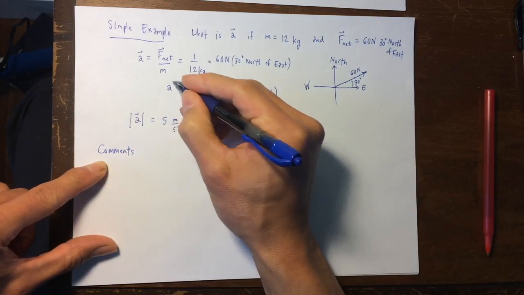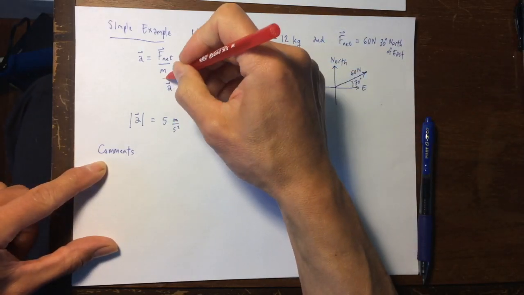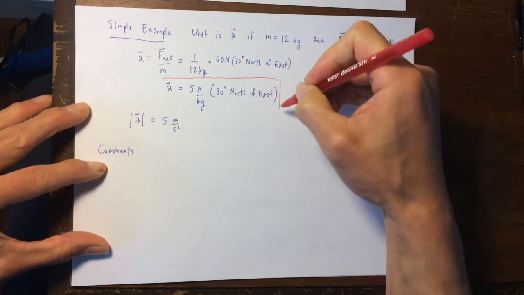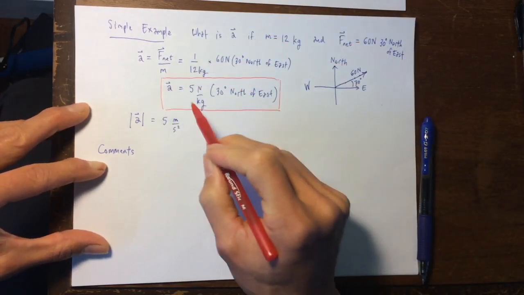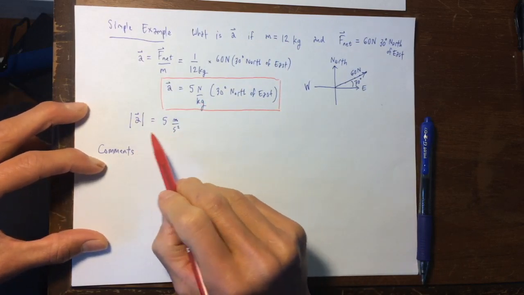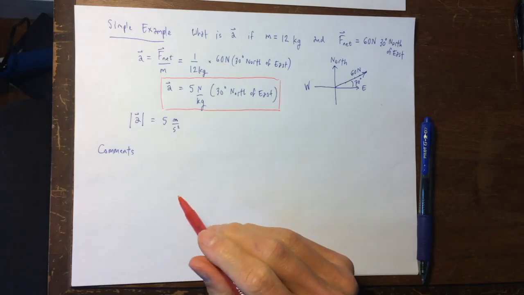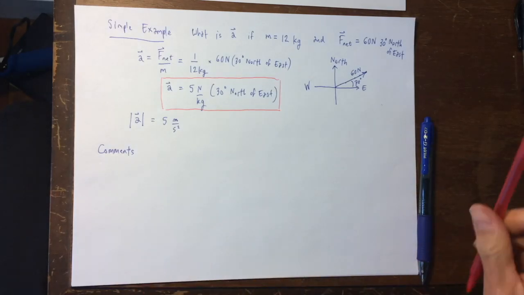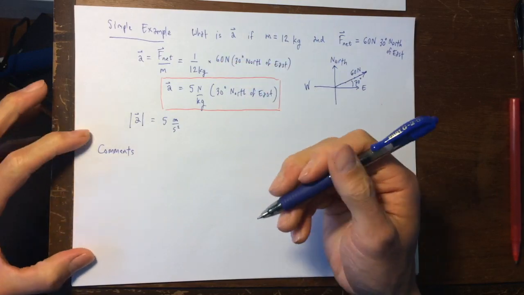This is the answer to what is the acceleration vector, because a vector has both direction and magnitude. This is not the answer. It's part of the answer, but it's not the full answer. So that might be the first comment, that acceleration is a vector, and you have to be careful of what people are asking for.